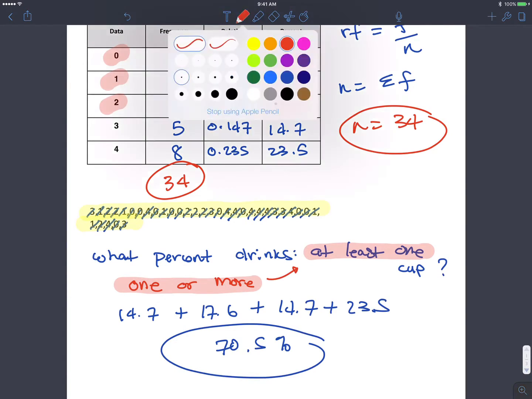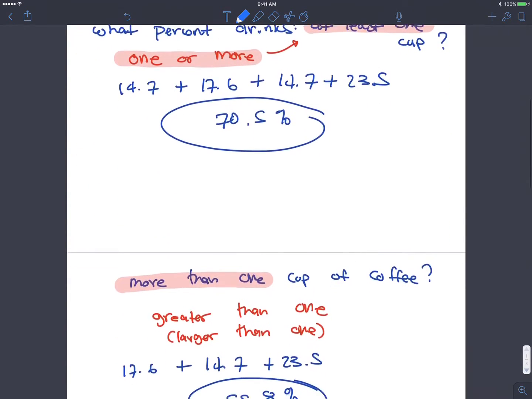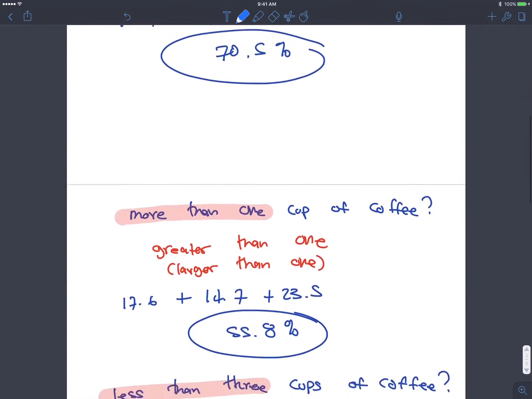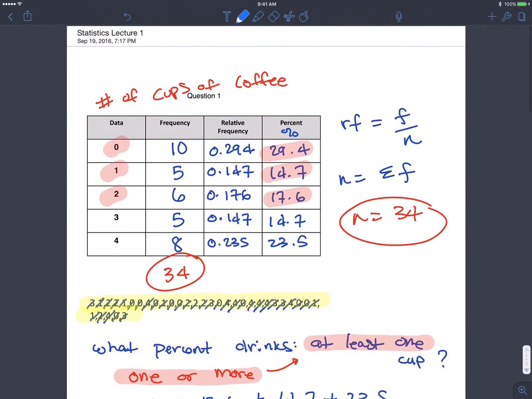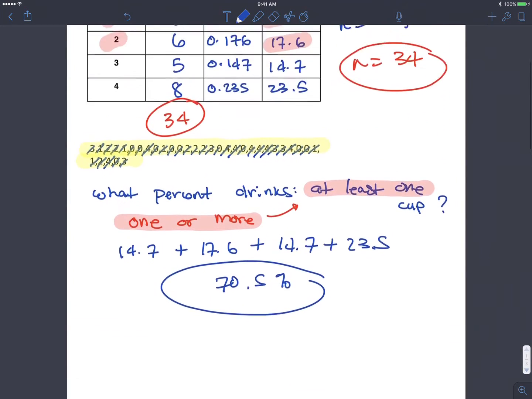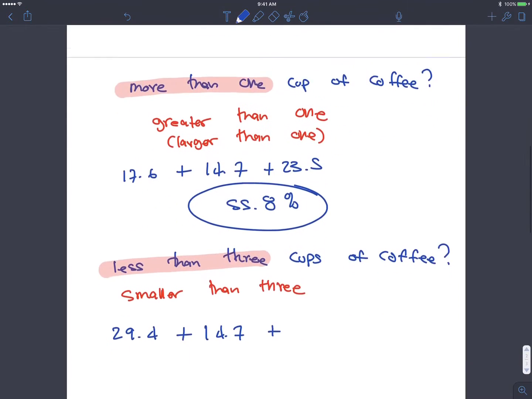So we're going to have to add all of these percentages associated with data that's strictly smaller than 3 in terms of cups of coffee. Okay, so we get 29.4, 14.7, and 17.6.